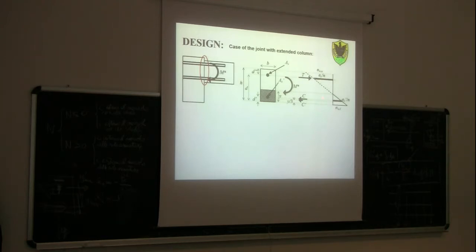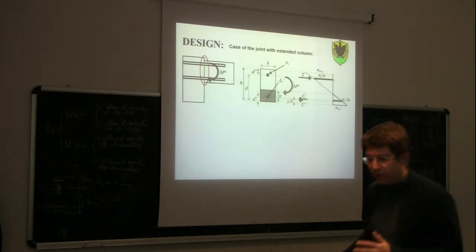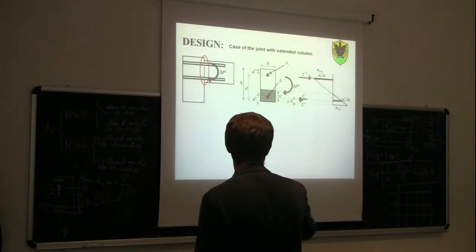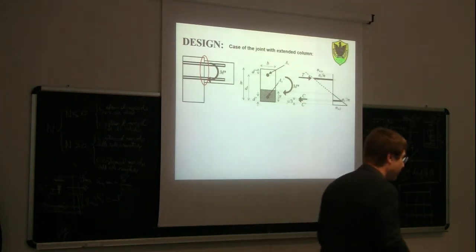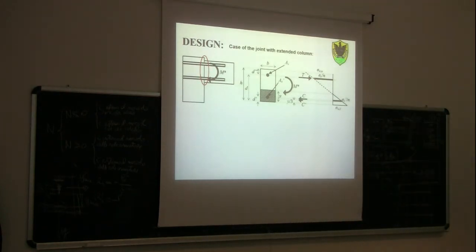And it's also linear in this part here, so we assume also for this type of cross-section that we have a conservation of the plane section, like the same hypothesis that we used discussing reinforced concrete section in cracked phase.